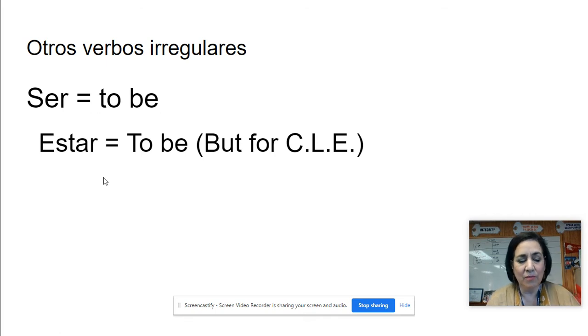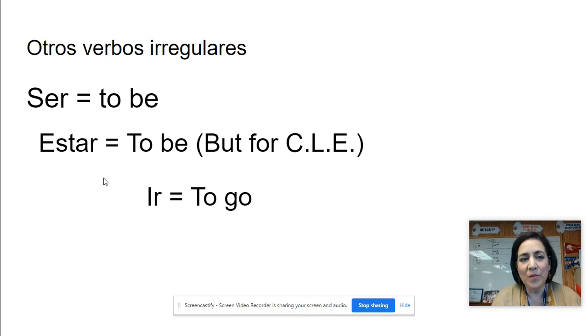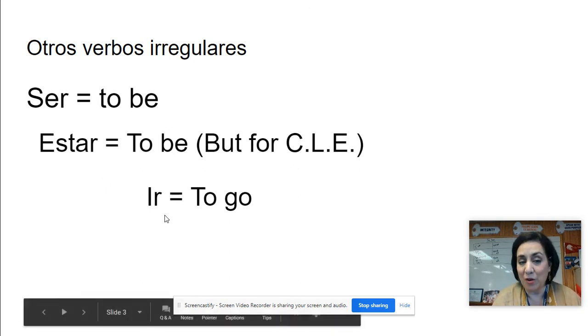And another useful verb that is irregular and we'll need to memorize is the verb ir, to go. Okay? We'll talk about that one later in class. The verb ir, to go, is irregular, so we'll need to memorize how to say that.